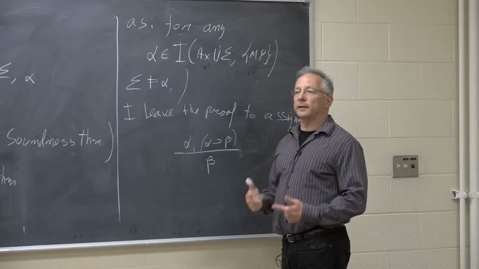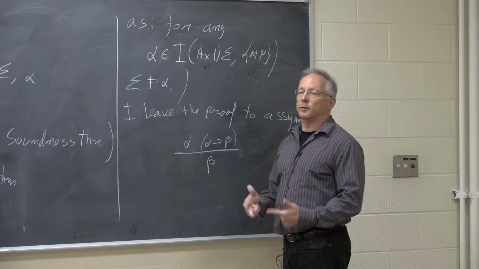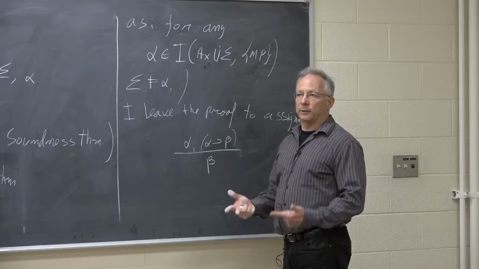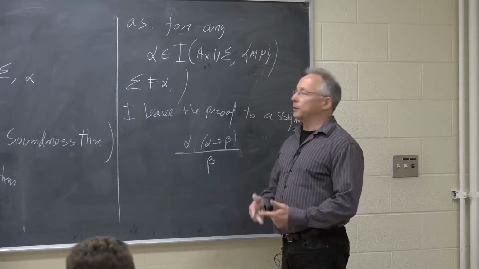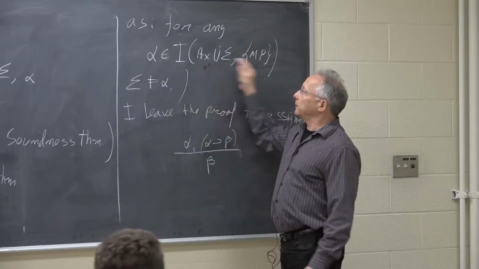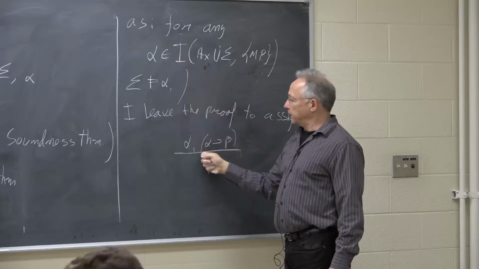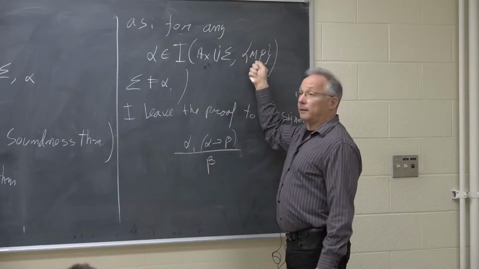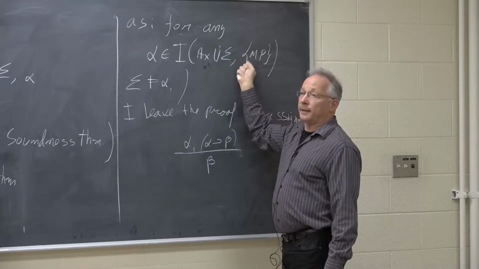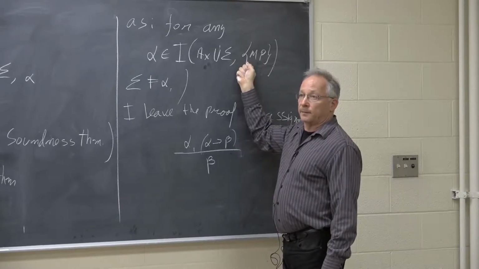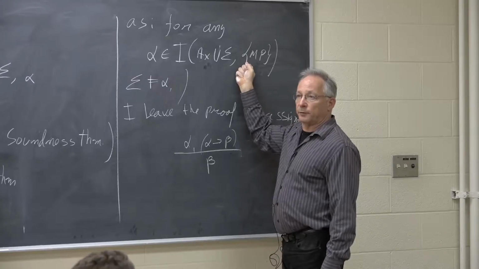It's not the structure that constructs all formulas, because it's not a claim about all formulas. It's only a claim about the formulas that can be proven from the assumptions. So I have to do the induction step on the operation that is in my structure. Okay? That's an important point.